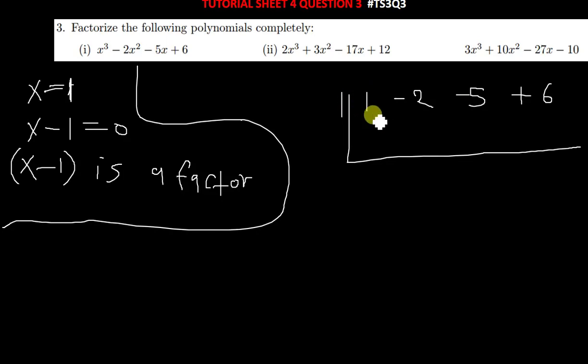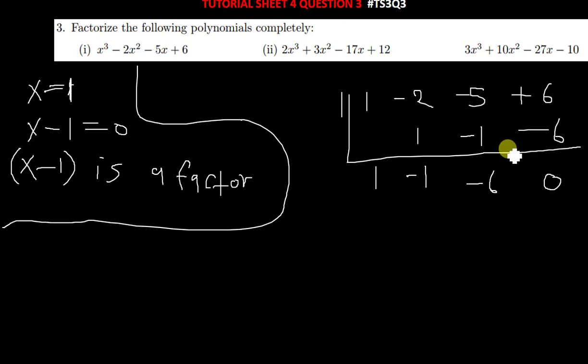Then from there you bring down this 1, then you multiply 1 times 1, you're getting 1. You add -2 plus 1, you get -1. You multiply -1 times 1, you get -1. You add these two, you get -6. You multiply 1 times -6, you get -6. When you add the two, you get a 0.